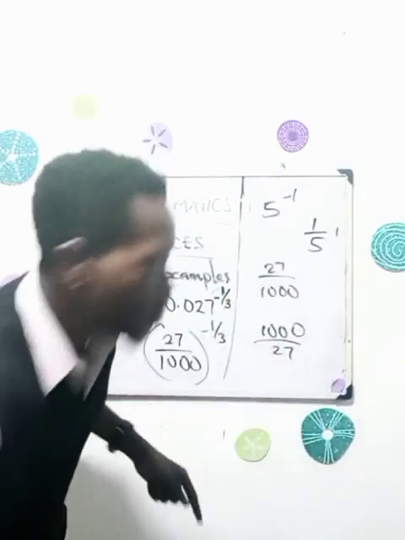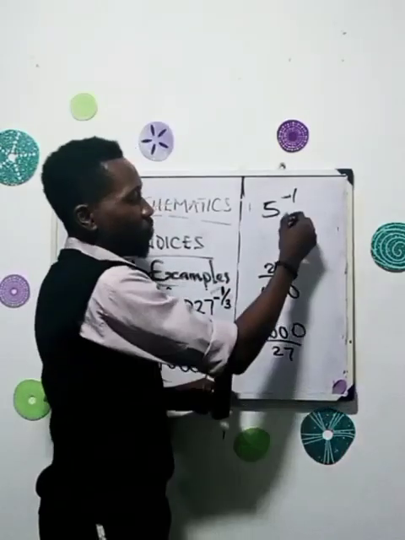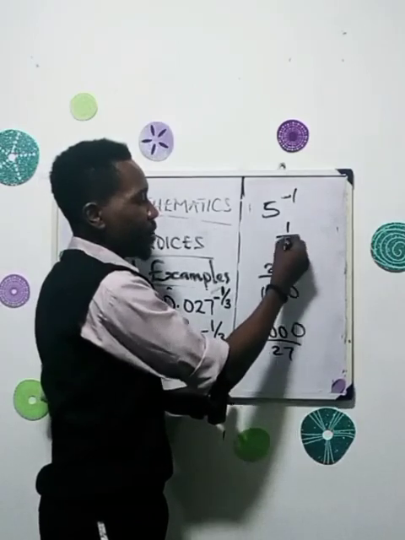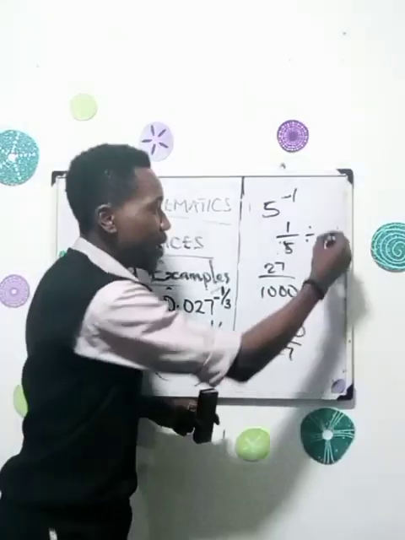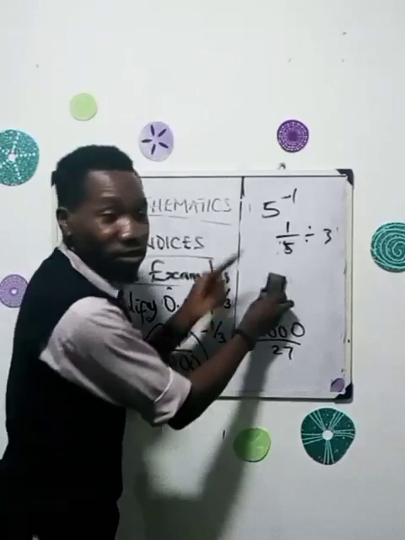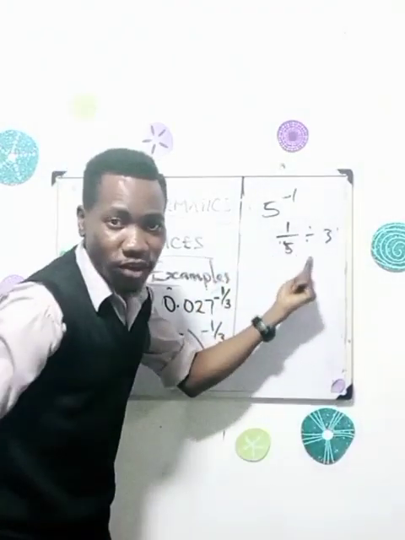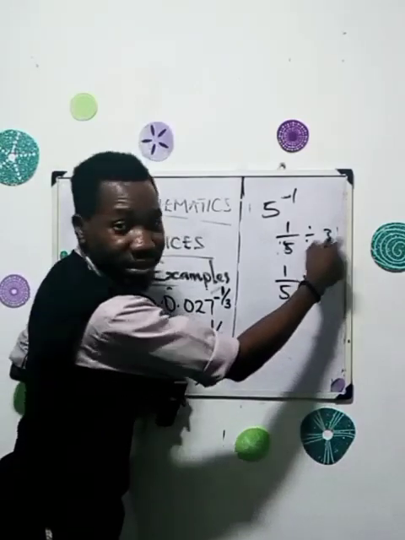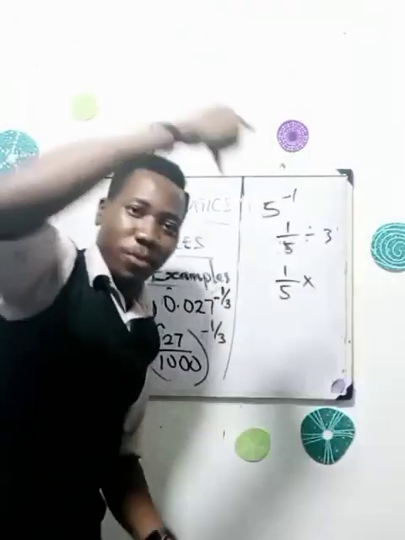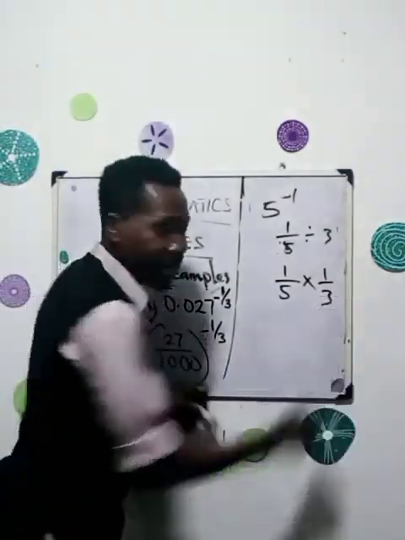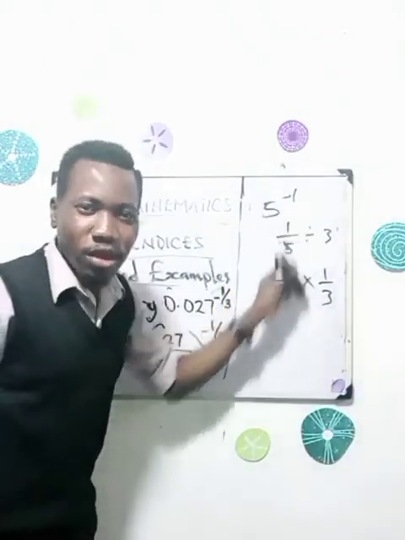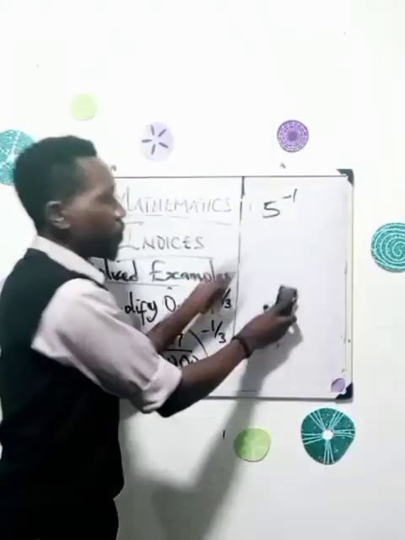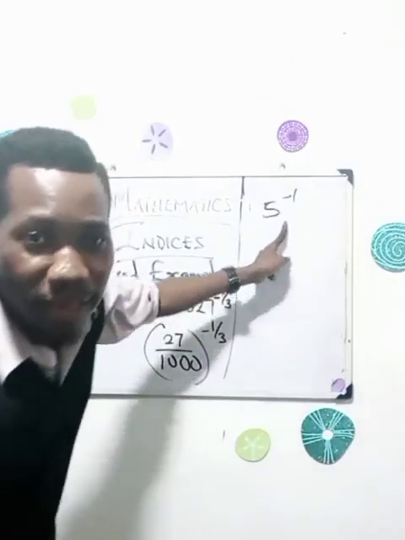It's just like having 1 over 5 divided by 3. You cannot divide this directly, you have to change this division to times. And then you have 1 over 5 times, this 3 becomes reciprocated, and you have 1 over 3. The same thing applies here.